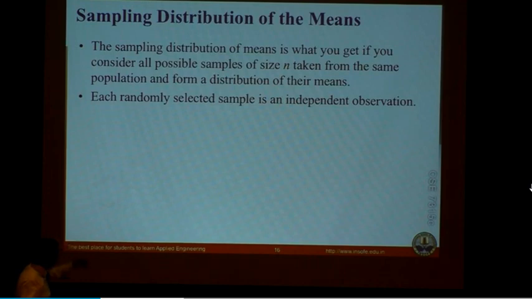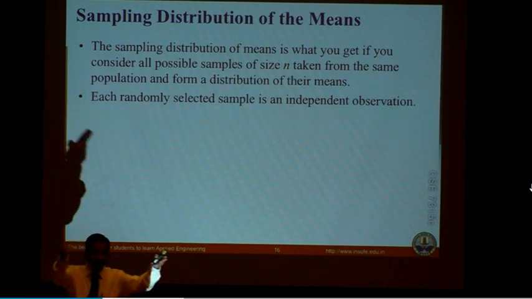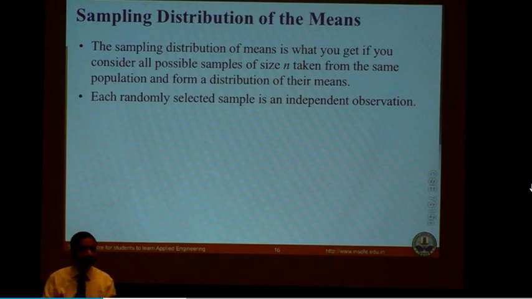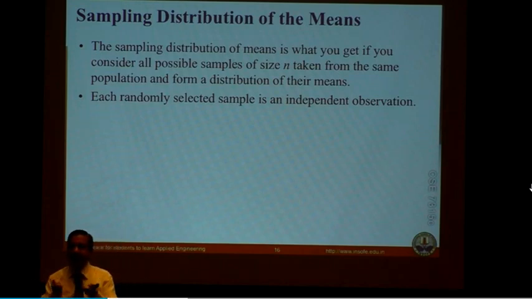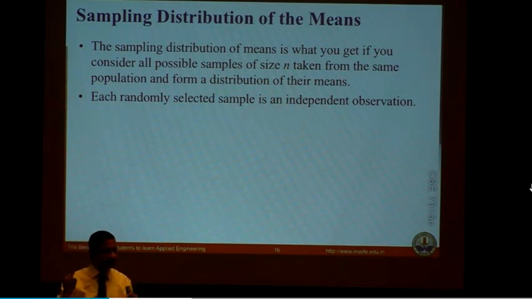And I have just explained this. Sampling distribution of means is just take a sample. So if I have to again get the sampling distribution of means of the heights of people here, I take a random sample. I take about 3 people, one from here, one from here, one from here, and I calculate the average height. I get one value from 3 people.